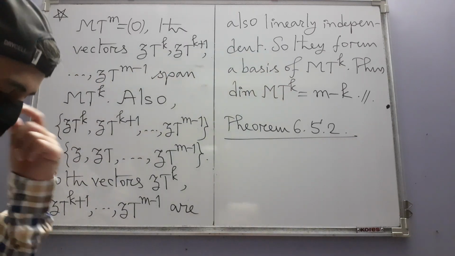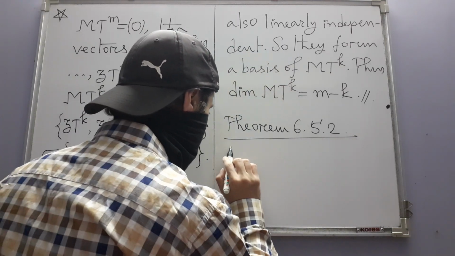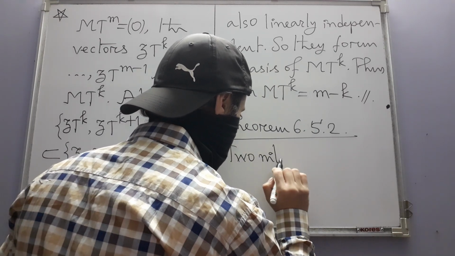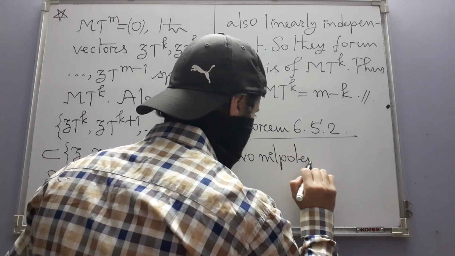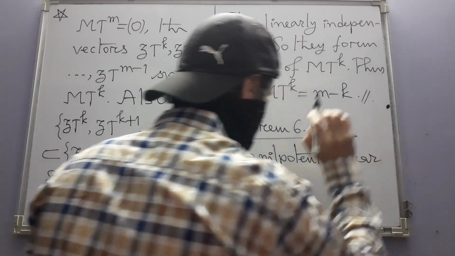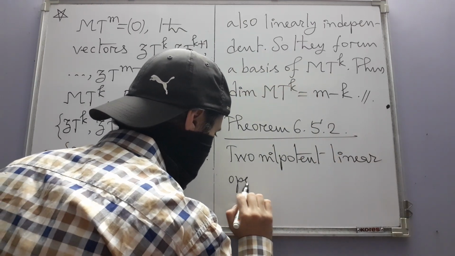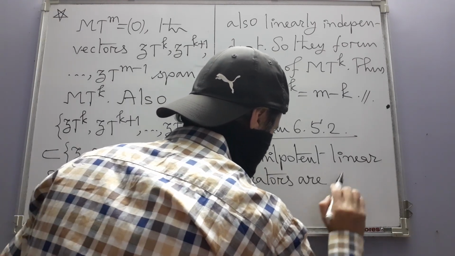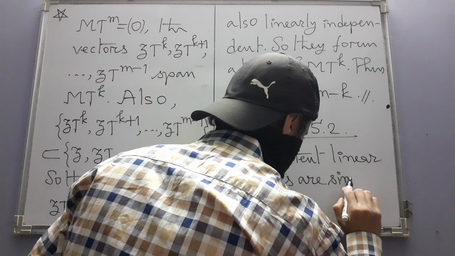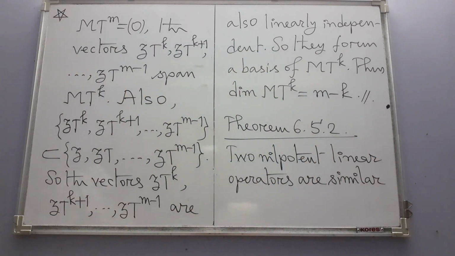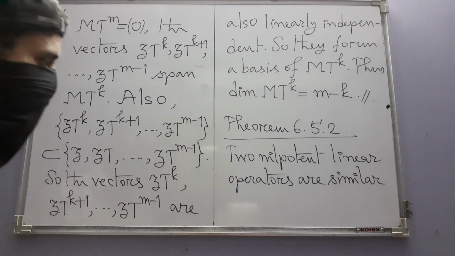And what this theorem says is this: two nilpotent linear operators are similar, not necessarily the same, but are similar.